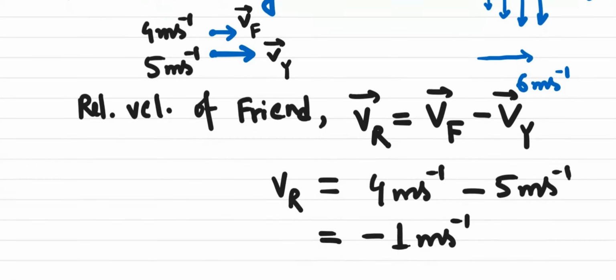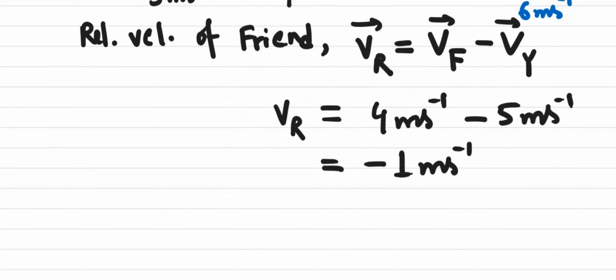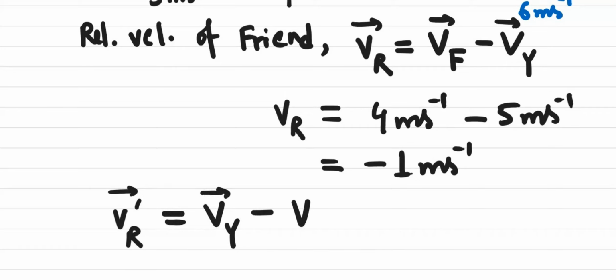How will your friend view you? Let me denote it by v prime. Your relative velocity with respect to your friend will be your velocity minus your friend's velocity.